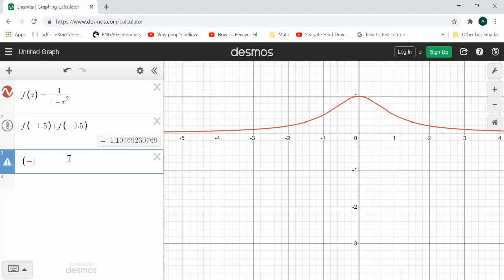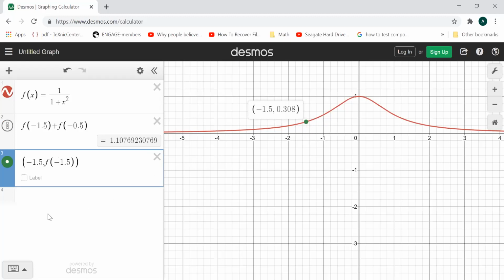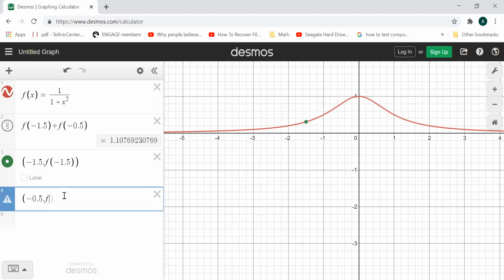Let's represent -1.5 and f of -1.5. That's the point over here, and that's what gives the height of my rectangle. And the next one I want to represent is at -0.5, and f of -0.5.